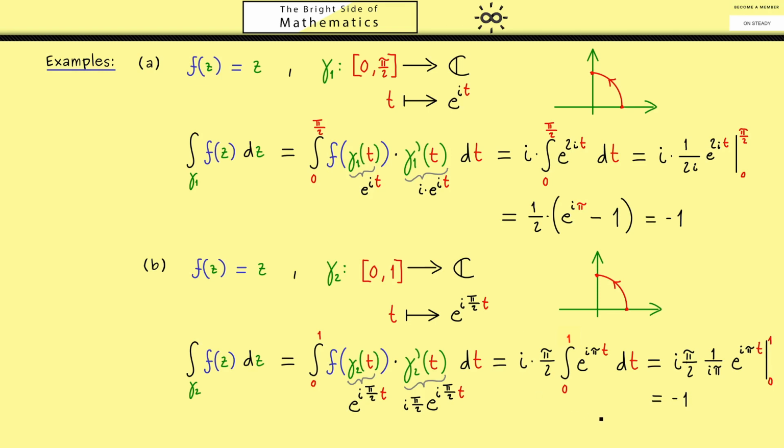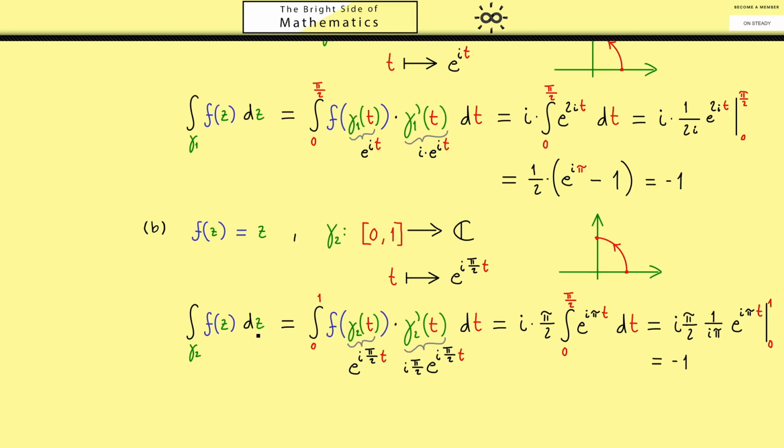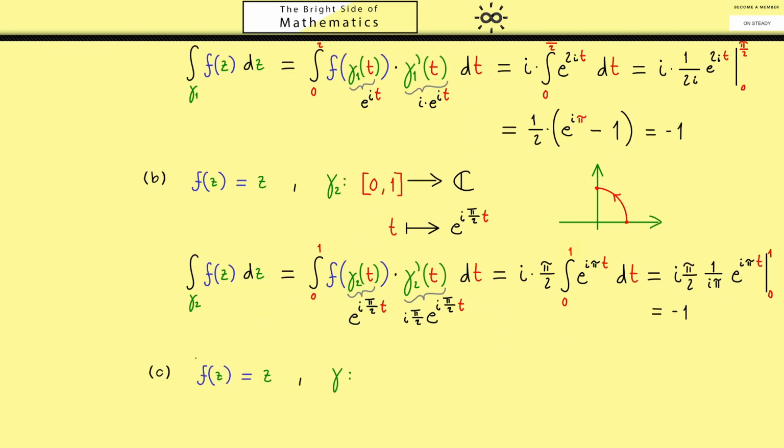Now, as we have discussed it before, this result here is not so surprising. In fact, this is what you can show with the substitution rule, the change of variables formula. However, we don't do this now because I want to show you a third example. We still use the same function, but now we take a different curve in the plane.